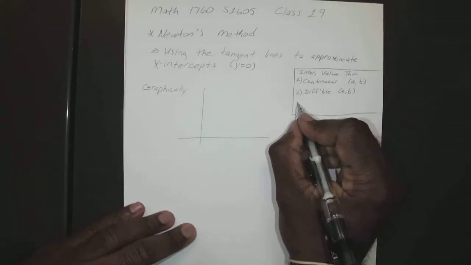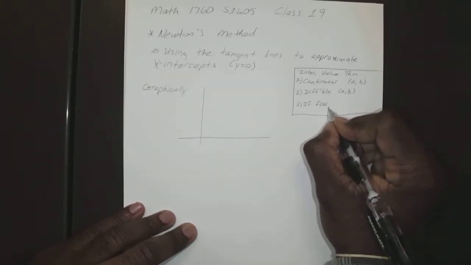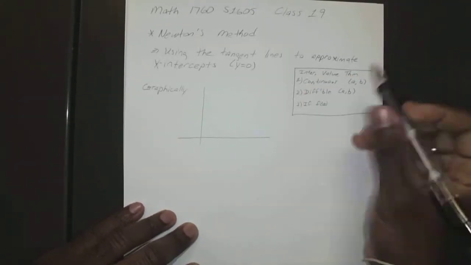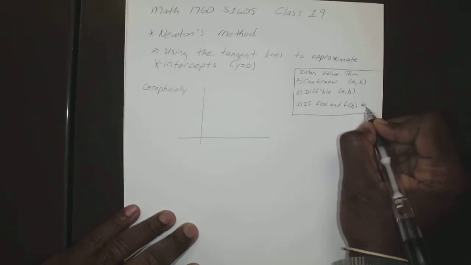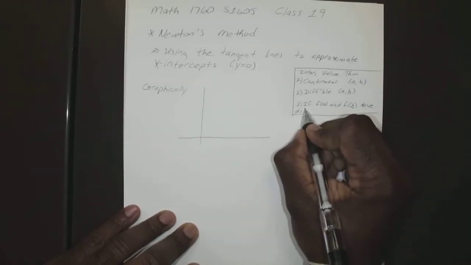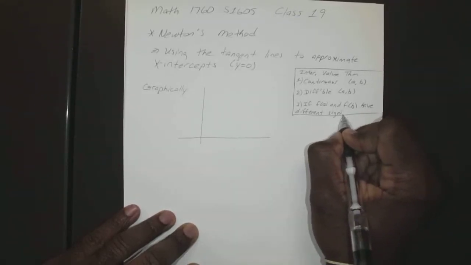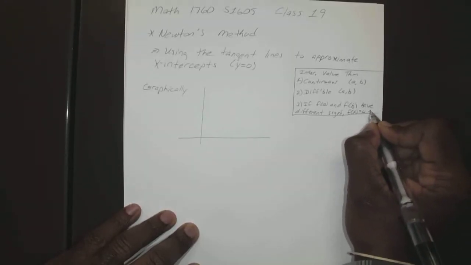And if f of a and f of b have different signs, and it's continuous and differentiable, that means at some point a 0 exists. F of a and f of b have different signs, then some f of x equals 0 exists.